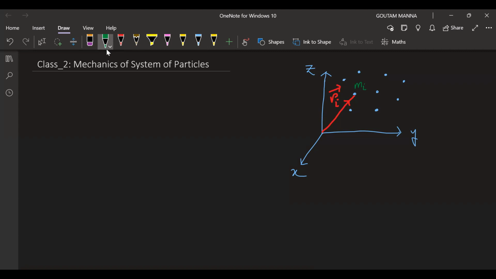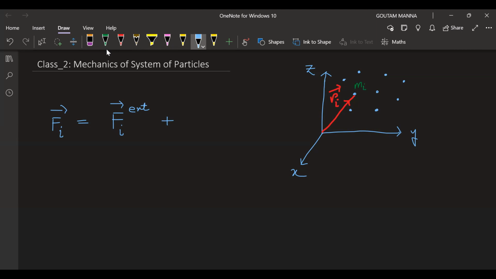Then the force that acts on the ith particle, you can write: there is a net force acting on the ith particle, that will be the external force acting on the ith particle. So if we apply an external force on the ith particle, plus, now if we have many particles, then every particle can exert force on each other.